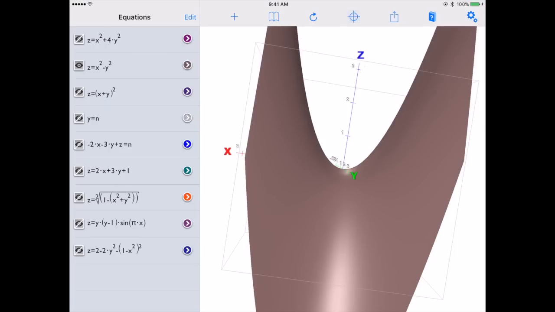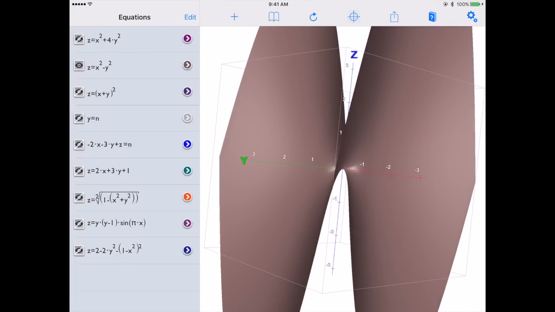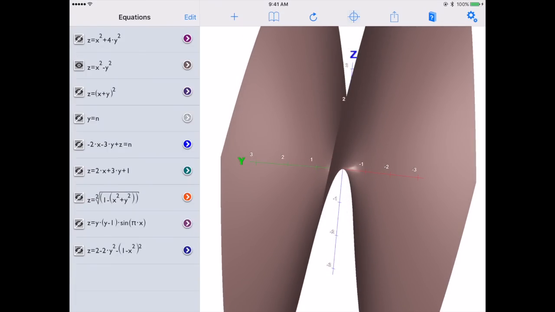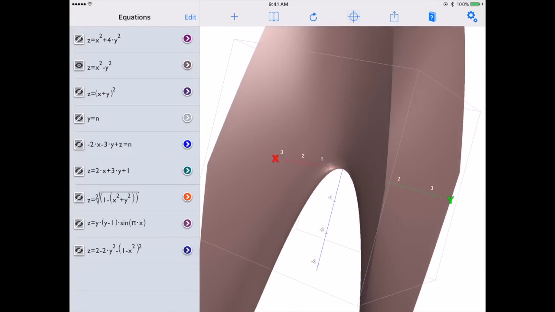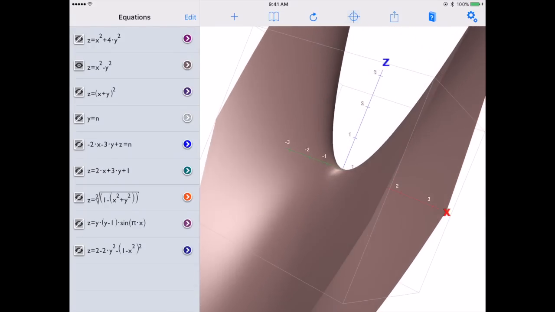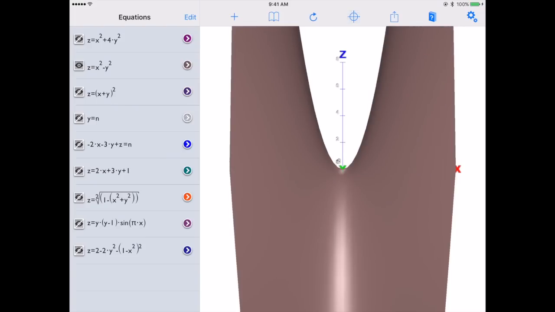The function curls up in one direction: as you increase x, the function goes in a positive direction, and as you increase y, the function goes in a negative direction, because the coefficient in front of the y squared term is -1.